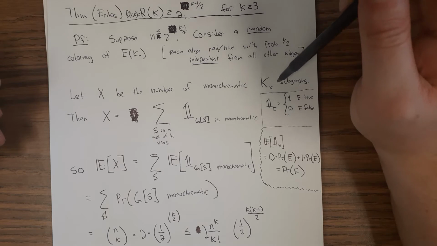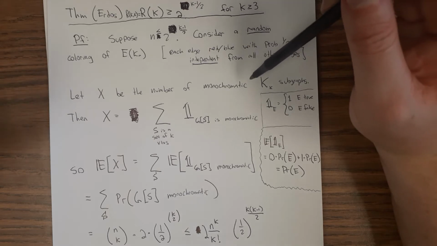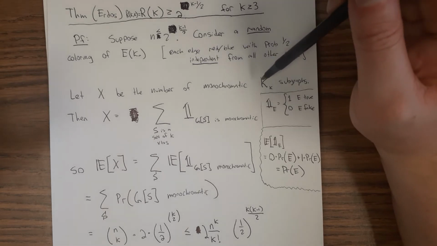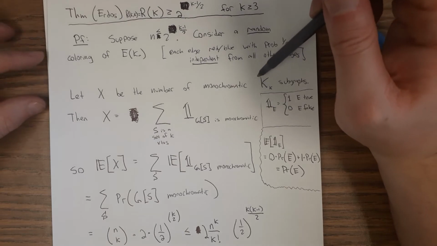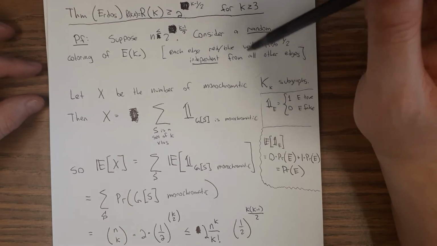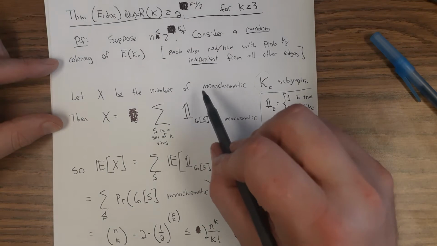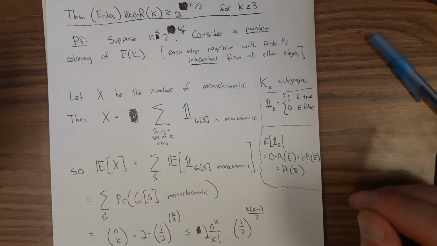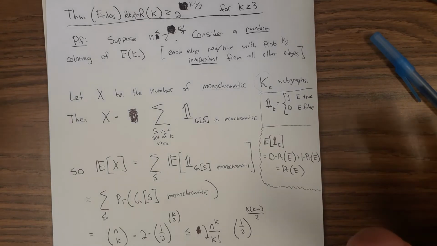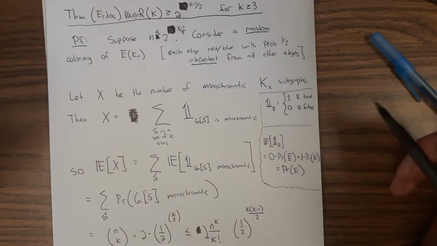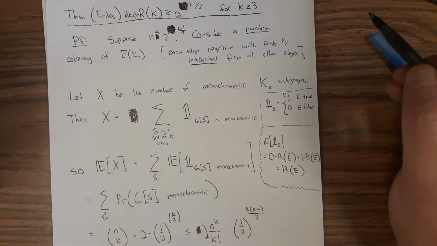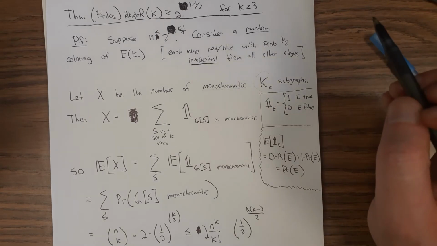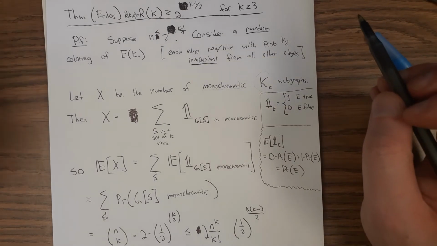What do I not want to see? I don't want to see any entirely red K_k's or blue K_k's. When I say monochromatic, that just means all one color, whether it's red or blue. I don't care whether it's red or blue, I just care if it's all the same color. I don't like it. So that's what x is.